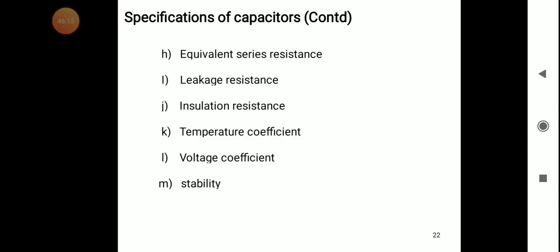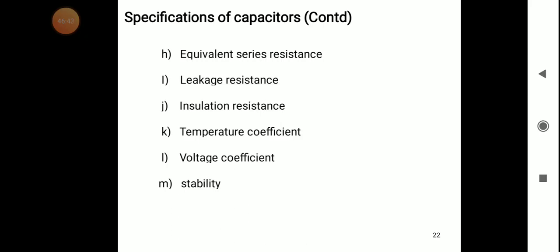Again, the three classifications are further divided into different types of capacitors, and we discussed the fixed value capacitors: paper capacitor, plastic capacitor, and ceramic chip type capacitors. We discussed how they are manufactured and what is there in the capacitor.